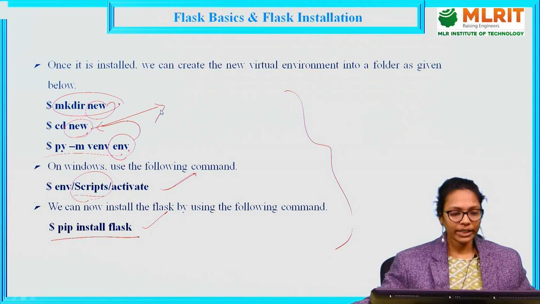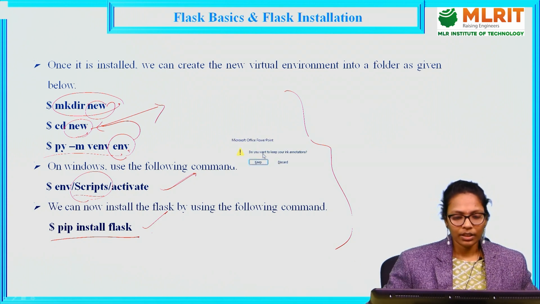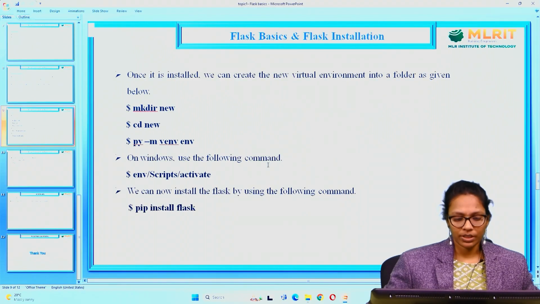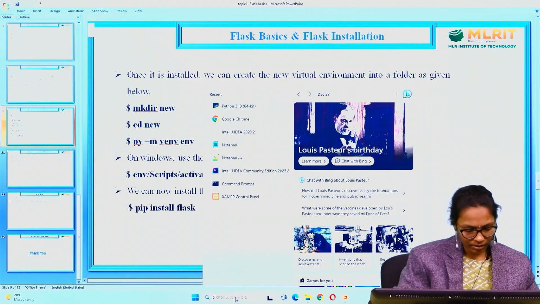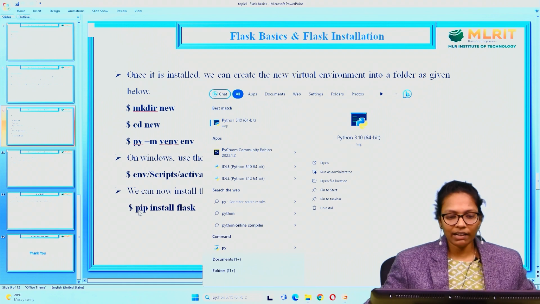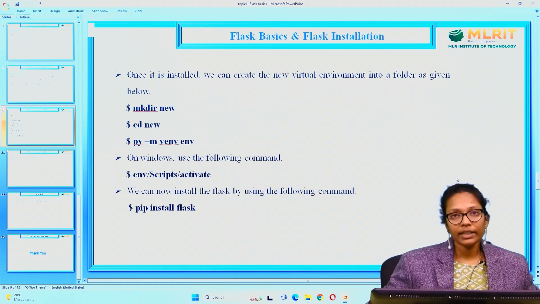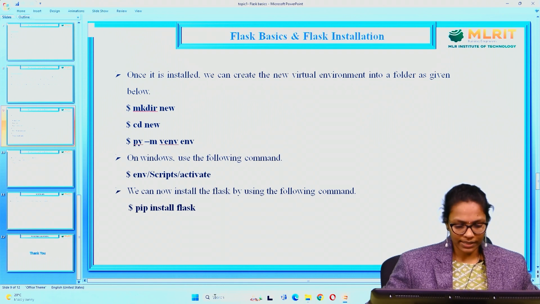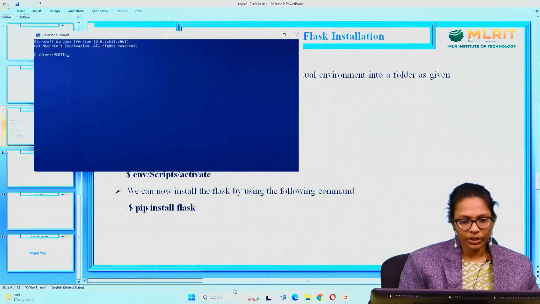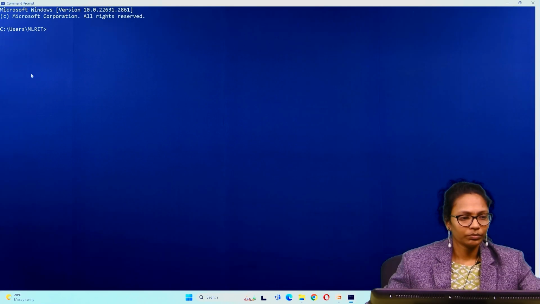Before installing Flask, you have to install Python in your system. First I'm checking, and in my system I already have Python version 3.10, so I can directly install Flask. I'm just going to the command prompt.